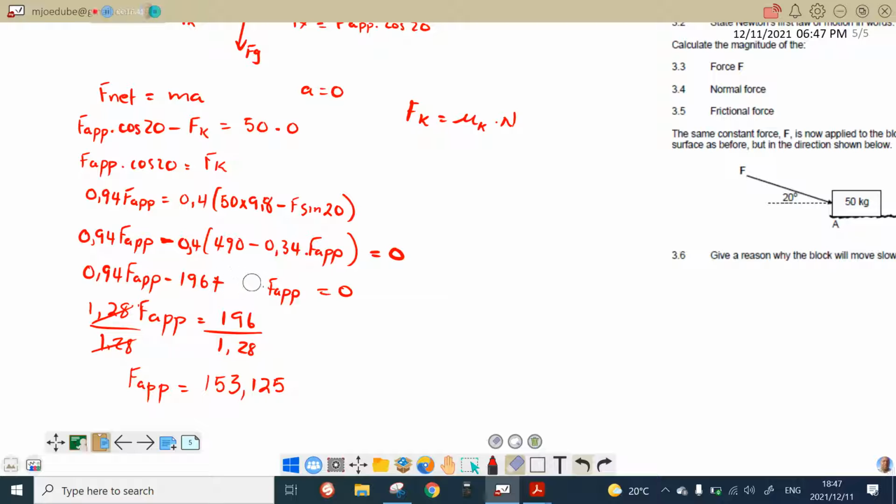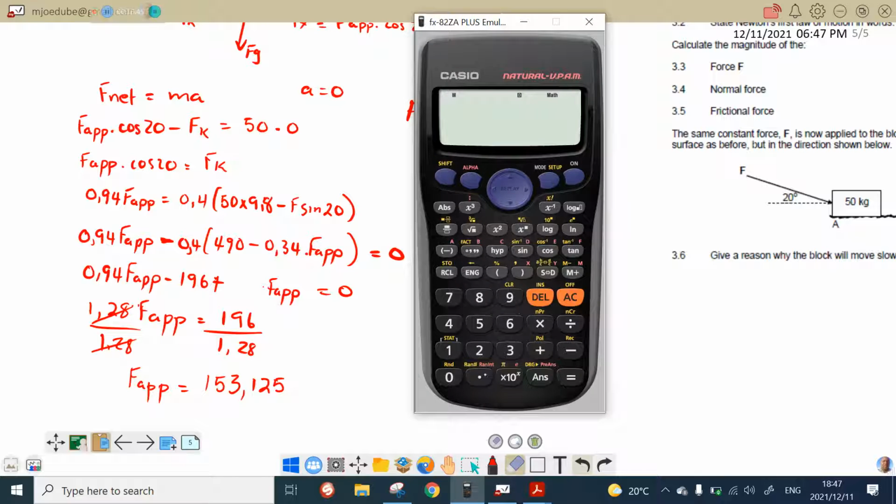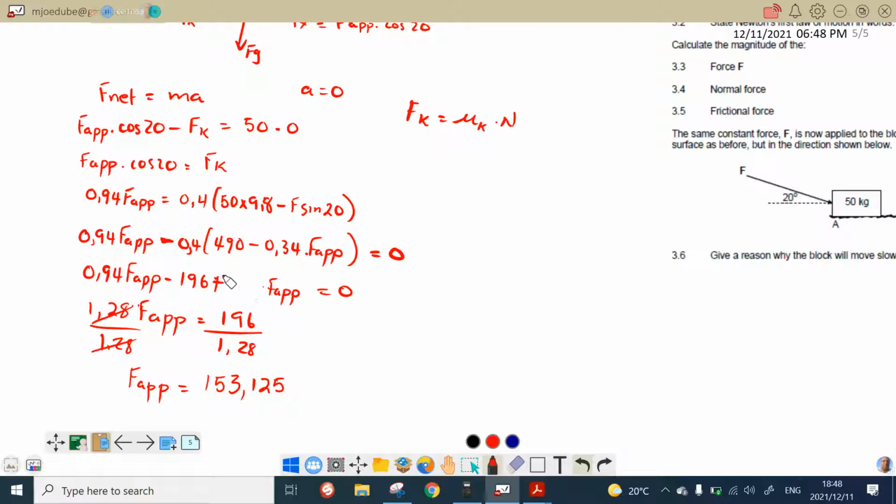So 0.34 multiplied by your 0.4 should give you 0.136. So this here should be 0.136. And so when you add your 0.94 plus your 0.136, the answer is 1.076.